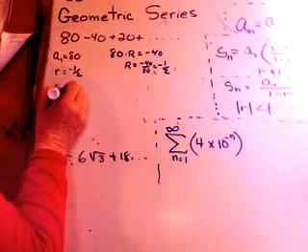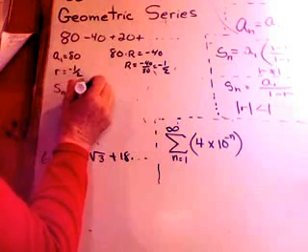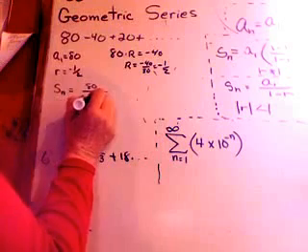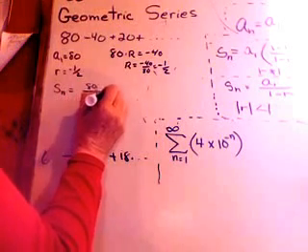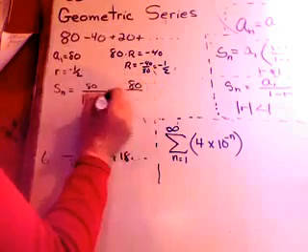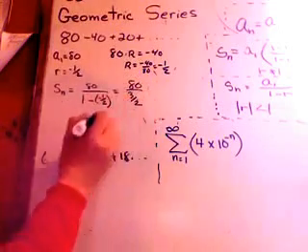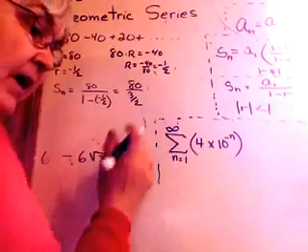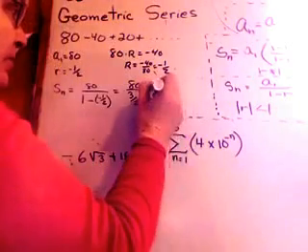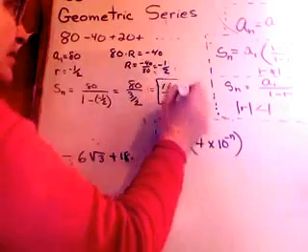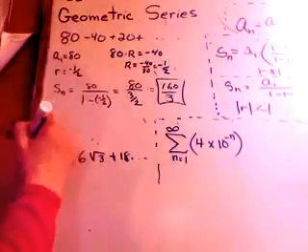So the sum of this infinite series is 80, which is a1, over 1 minus the r, which is negative 1/2. So that's 80 over 3/2, right? So what's 80 divided by 3/2? Use your calculator, and you get 160 over 3. That's the sum of this geometric series.